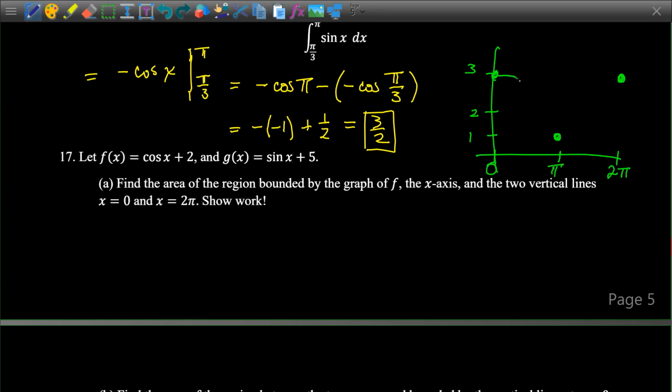Anyway, the point here is that we just have a shape for cosine that looks like that. That is our curve for the graph of f, and then we have our x-axis. We have these vertical lines at 0 and 2 pi. So we're looking for this area.